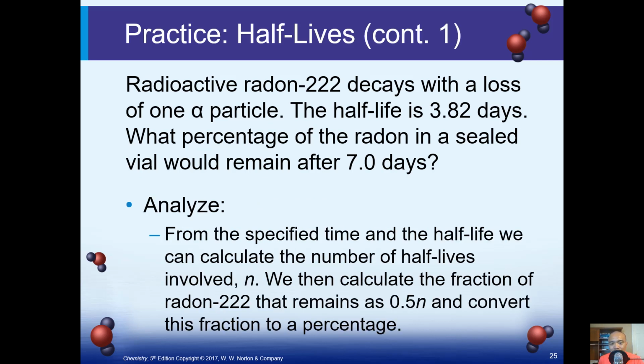From the specified time and the half-life, we can calculate the number of half-lives involved, which is n, that is t over half-life. Then we can calculate the fraction of the radon that remains.